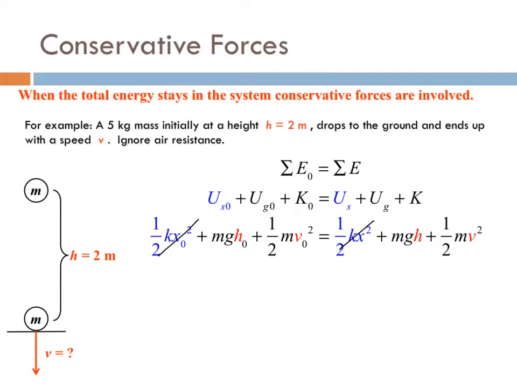Now, at the beginning of our situation, we have no velocity, so this piece also goes away. At the end, when we finally reach the ground, we have no height. So, all we have left is our potential energy at the beginning should be equal to the kinetic energy we have at the end.